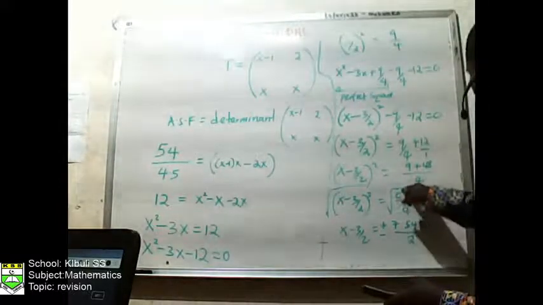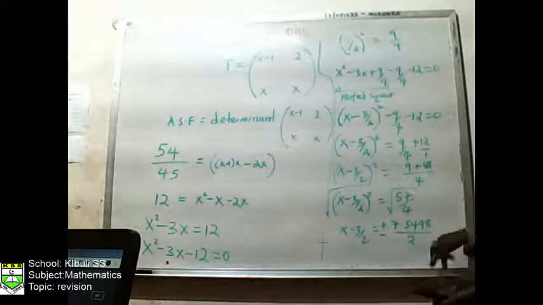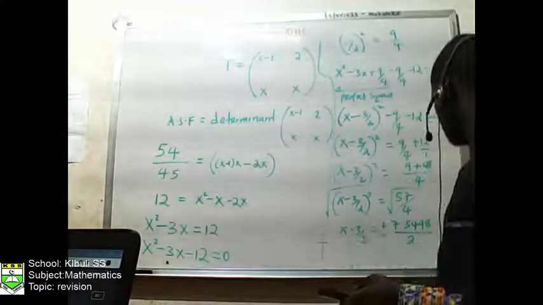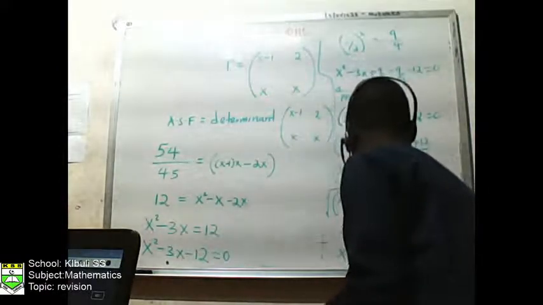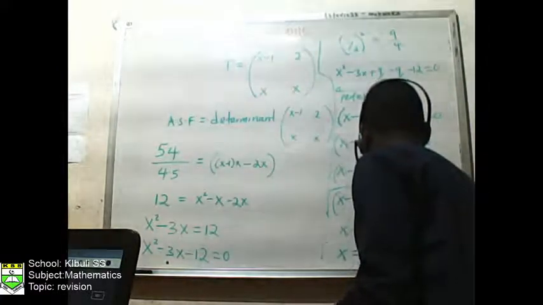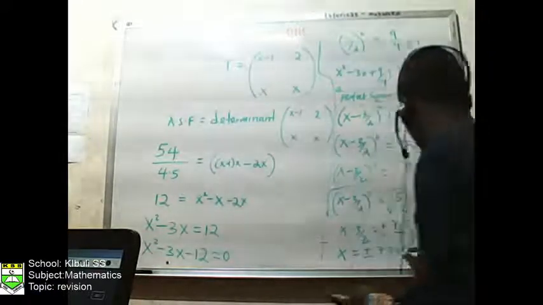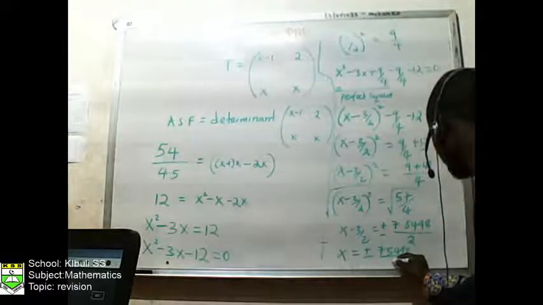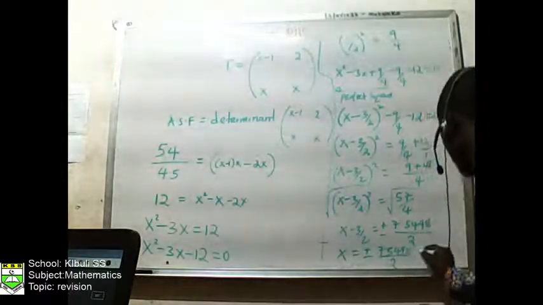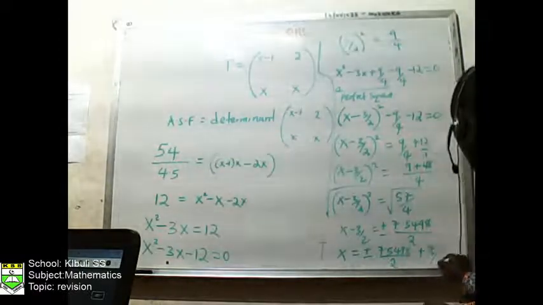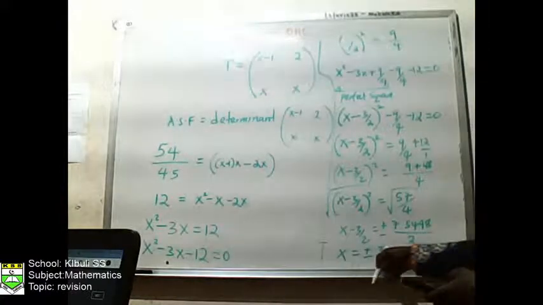You know that the square root of this is this over 2. Now I'm going to shift this to the other side, and I will say that x is equal to plus or minus 7.5498. You see, I'm trying to round off to at least 4 decimal places, over 2 plus 3 over 2. When this one crosses the equal sign, this is plus or minus.